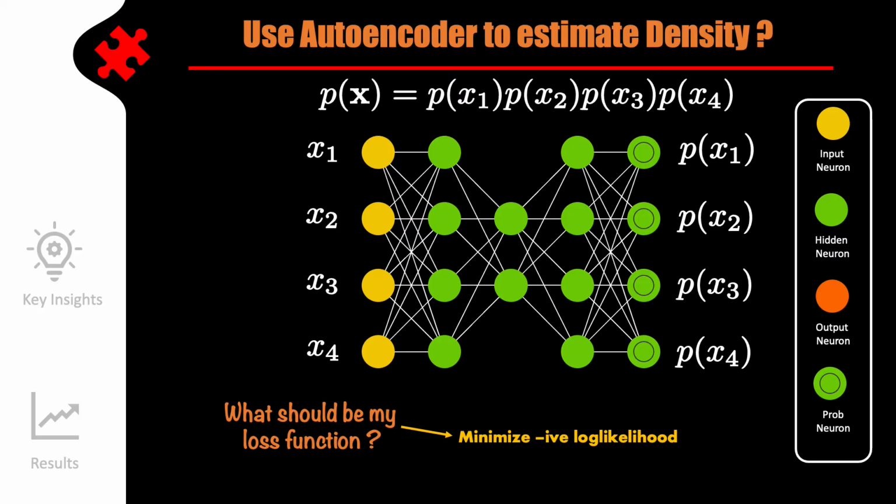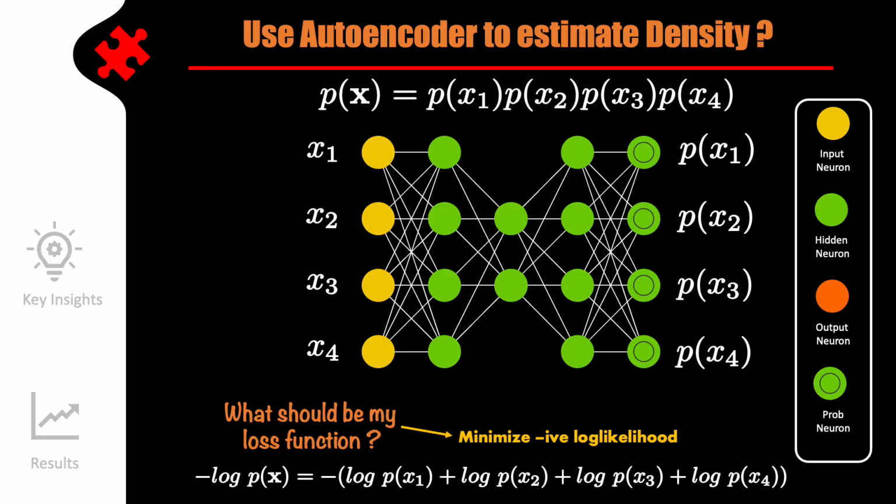You are essentially learning to predict the parameters of your distribution that would give the highest possible probability for your observed data. In simple words, you would compute negative log p of x for your mini batch. And for a 4-dimensional example, it would look like this.